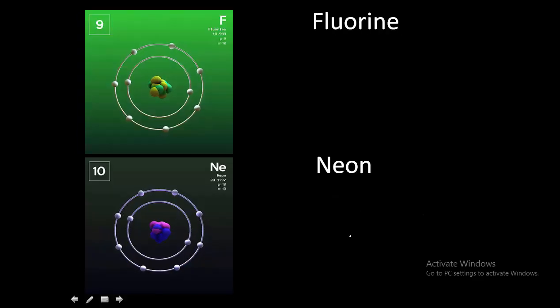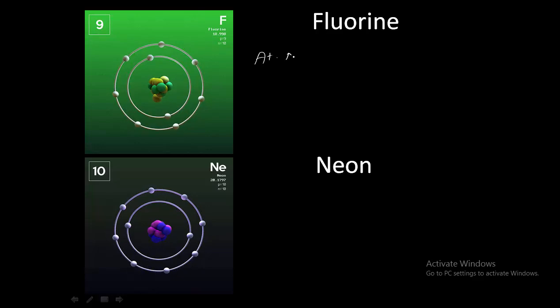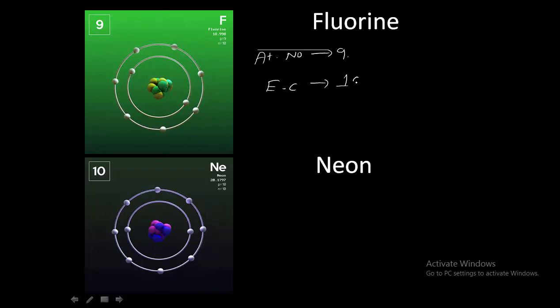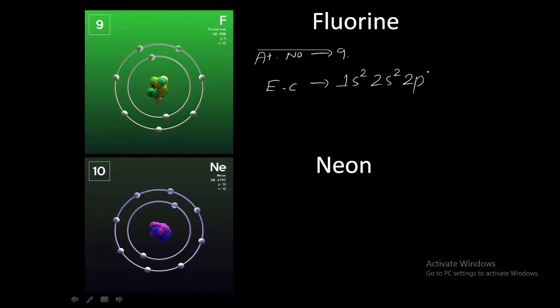Then we will see fluorine. The atomic number of fluorine is 9. So the number of electrons will be 9, and hence its electronic configuration becomes 1s2, 2s2, 2p5.